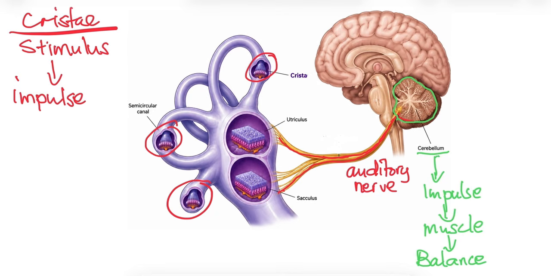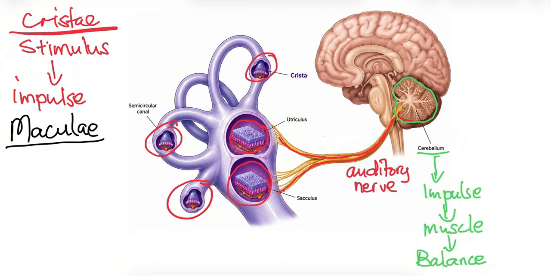Now let us look at what happens inside the utriculus and the sacculus. As you can see, inside the sacculus we have our receptor, which we refer to as the maculae. There are many, so we refer to them as maculae. If it's one, it's called macula.